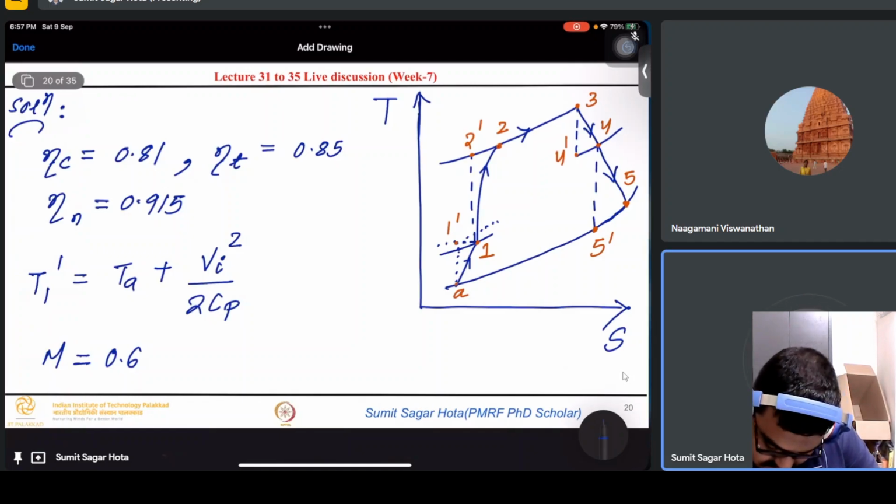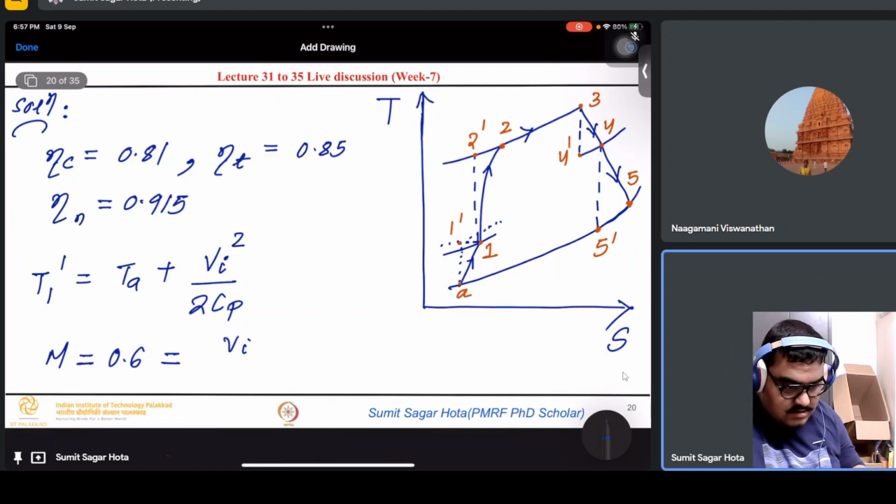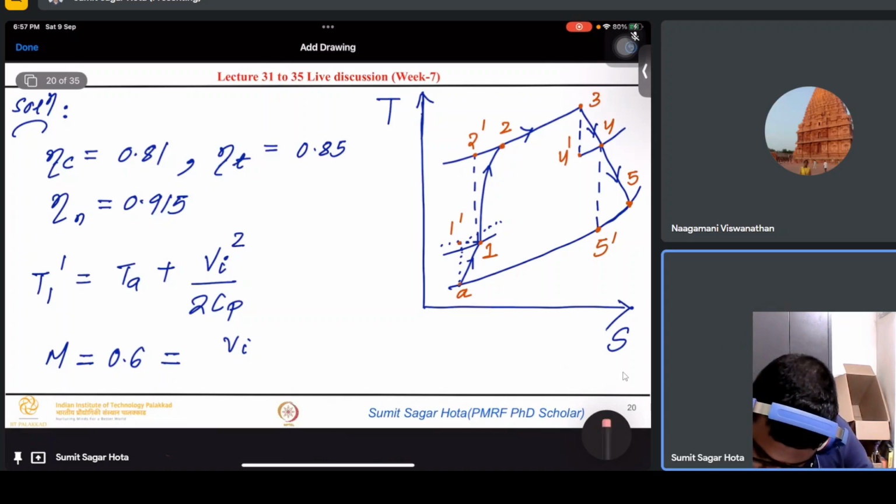So what we can do? What is Mach number's formula? Actual velocity by sonic velocity.